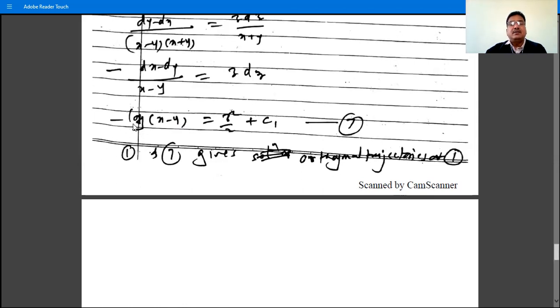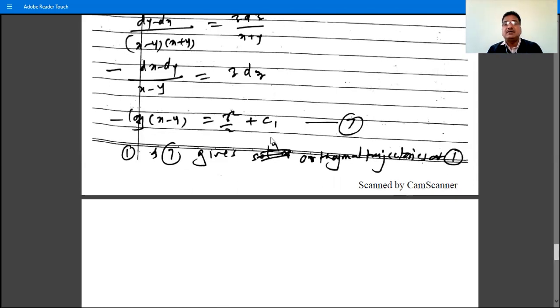And then we have the answer log x minus y into z raised to minus 1 is equal to log c1, and cancel the log on both sides, so we have x minus y into z raised to minus 1 is equal to c1, and take the reciprocal of both sides, we have the answer x minus y into z is equal to c1 dash, another constant.